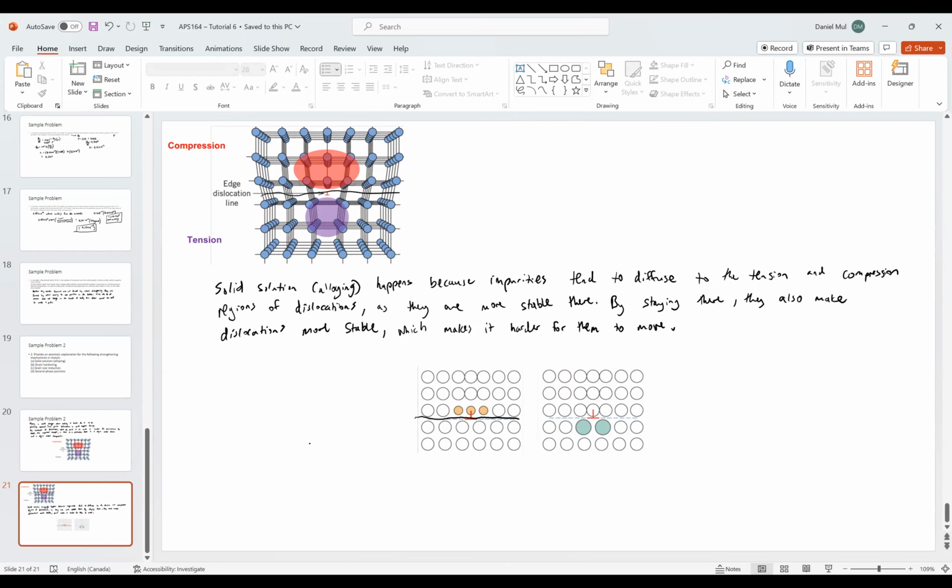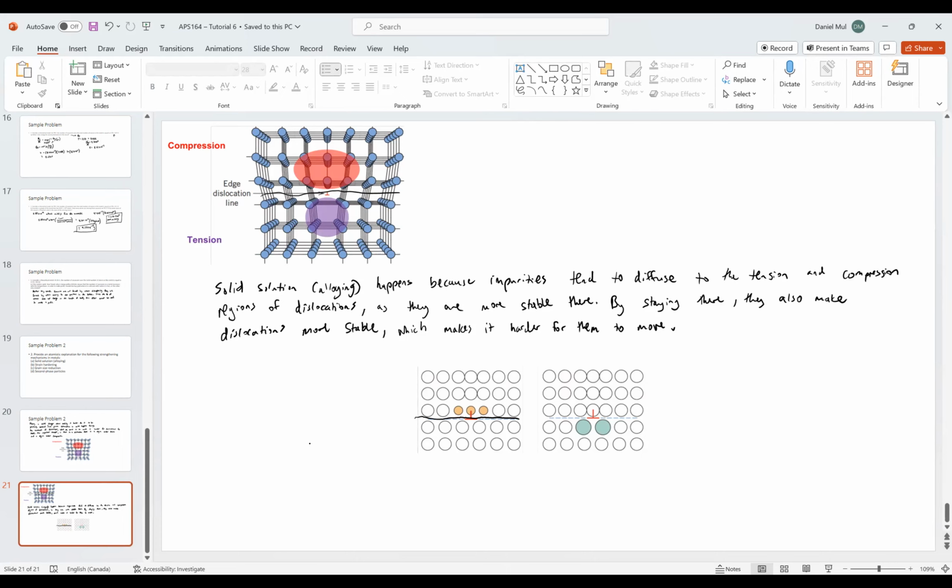And then we have our impurities that diffuse through, and they stay near this dislocation line where they're stable. And they make it harder for it to move.